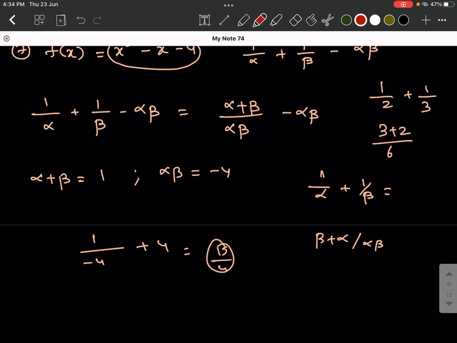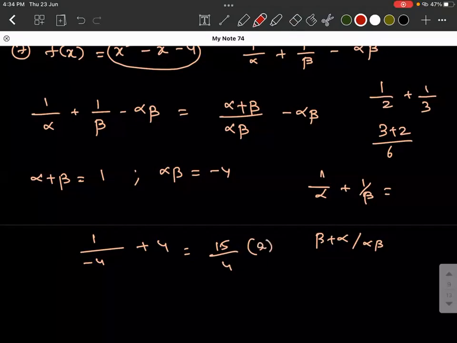So that's why it is going to be minus 15 by 4. Oh, that's right, that is what I wrote. So 15 by 4, which is option A.